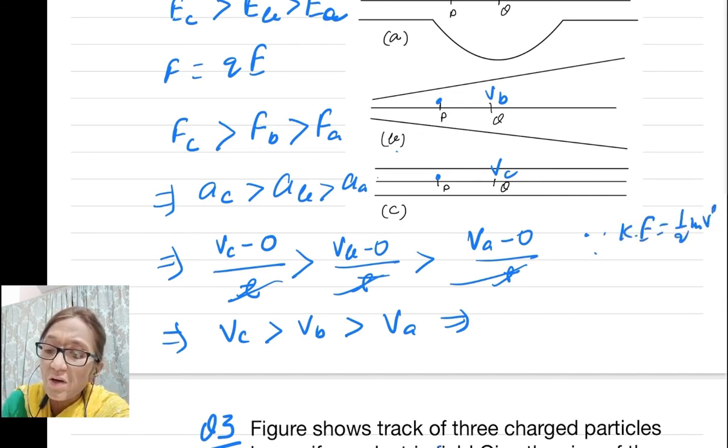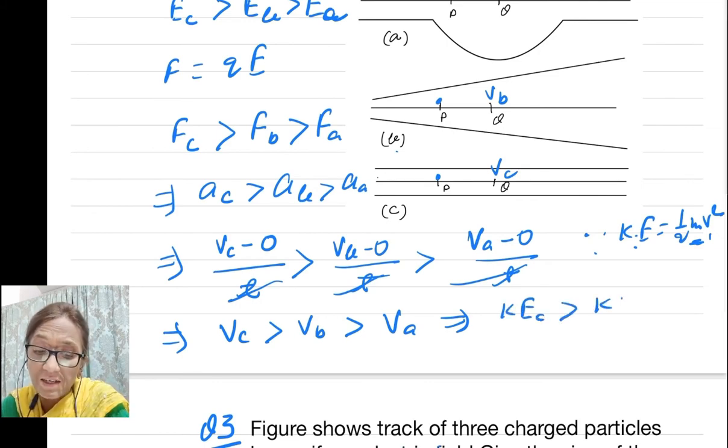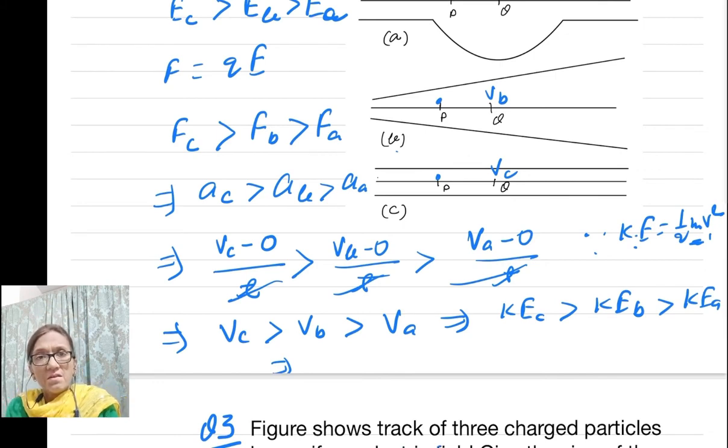Since we know kinetic energy is equal to half mv squared, kinetic energy depends on velocity. Mass is the same, the mass of the proton. So the case in which velocity is highest, kinetic energy is highest, and therefore kinetic energy of C is greater than kinetic energy of B, and it is greater than kinetic energy of A. Similarly, what is momentum?